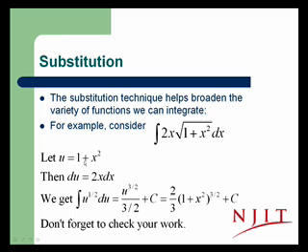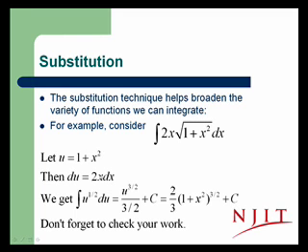In this case, it becomes worthwhile to let u equal 1 plus x squared. Getting an idea of what we should use for our substitution comes with experience. So if we let u equal 1 plus x squared, then the differential du equals 2x dx.